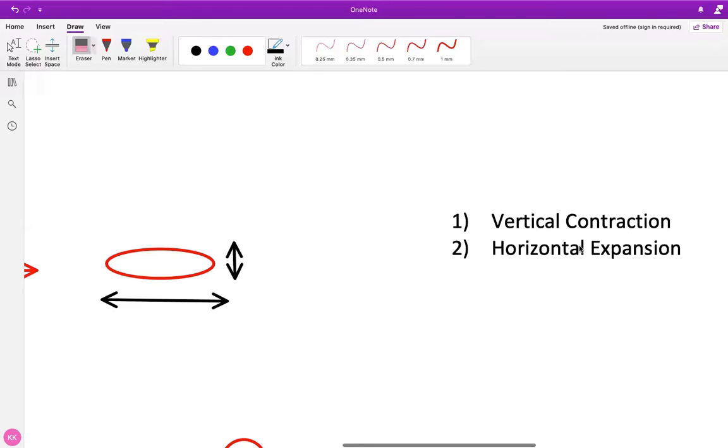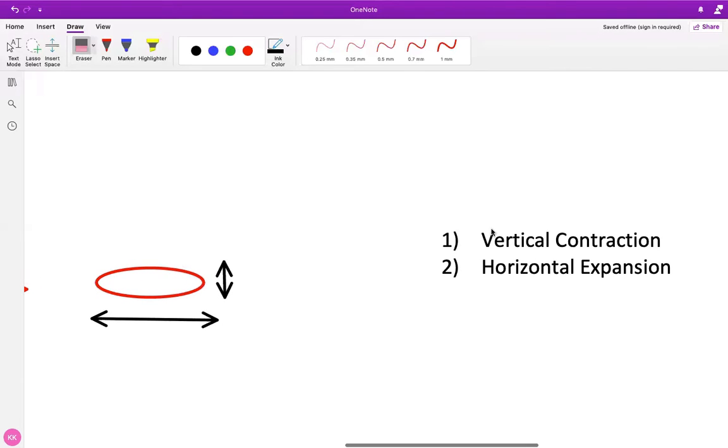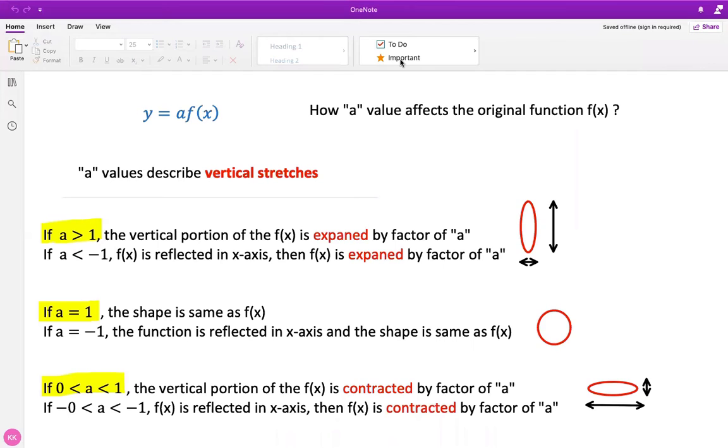We have vertical contraction, because the vertical component becomes smaller, and horizontal expansion, because the horizontal component becomes larger. Either of these two terminologies is fine. I hope you all have a basic idea of what stretches are.